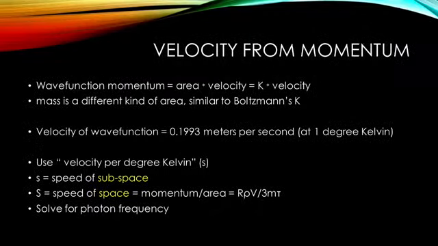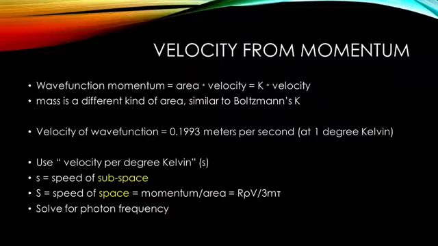Now, we can calculate the velocity from momentum by the momentum being equal to area times velocity. And area is Boltzmann's constant, k. And the velocity we'll be calculating.